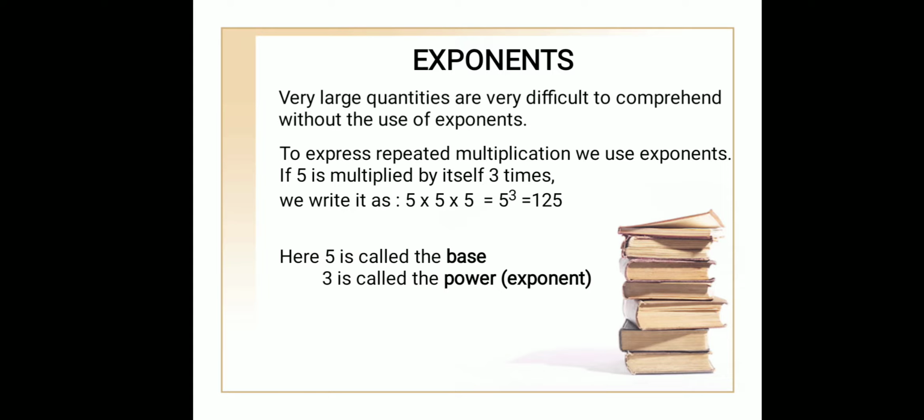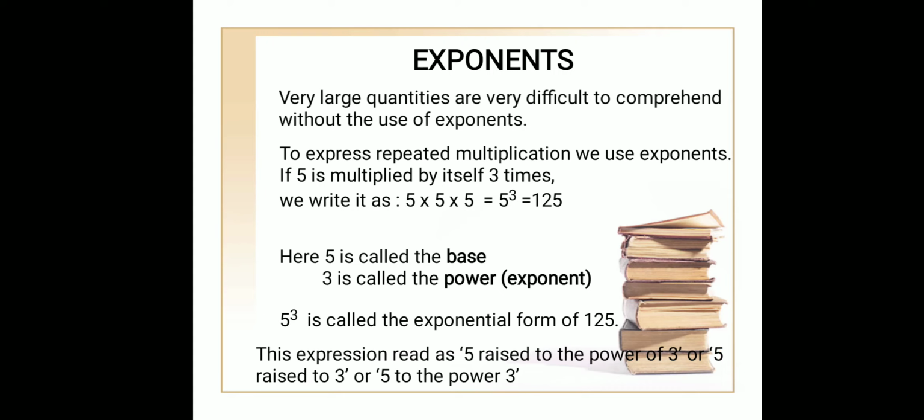Here 5 is called the base and 3 is called the power or simply the exponent. Here 5 raised to the power 3 is called the exponential form of 125.